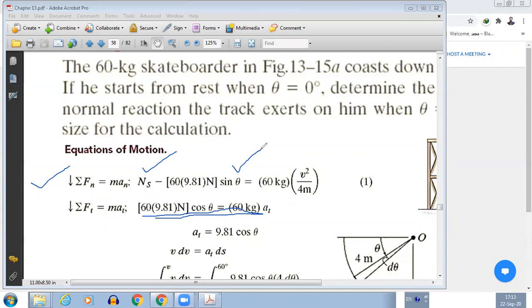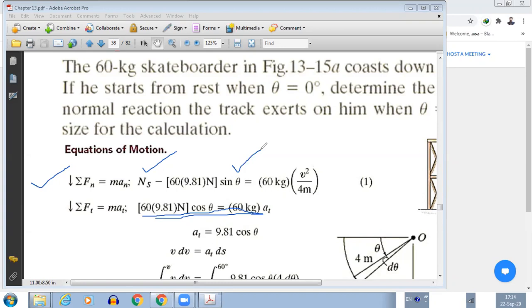If he starts from rest when theta is 0, we know the velocity when theta is 0, but we don't know the velocity when theta is 60 degrees. So we cannot put the velocity here. How do we find that velocity? This is an issue now.